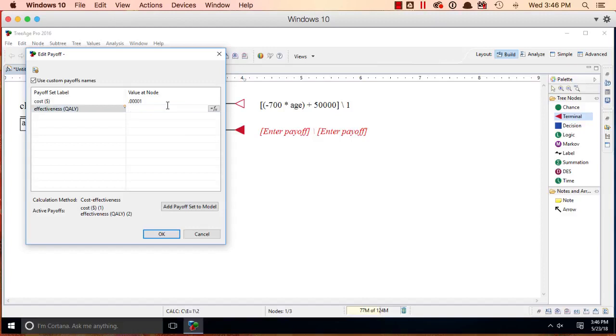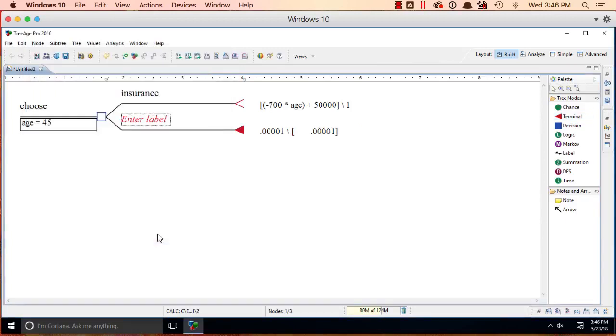So as you get older, the ICER of health insurance compared to no health insurance is lower. Lower ICER, more cost effective. As you're older, you're paying less per additional life year that you get from insurance as compared to no insurance. No insurance, I made it a placebo, so minimal cost, minimal effectiveness. You pay nothing, you get nothing with no insurance, compared to insurance.